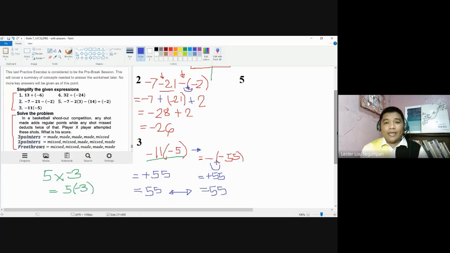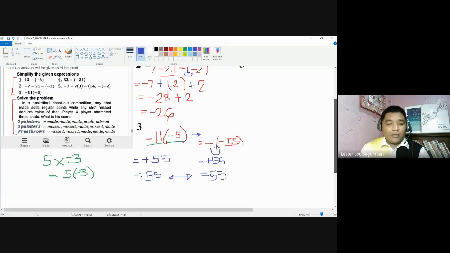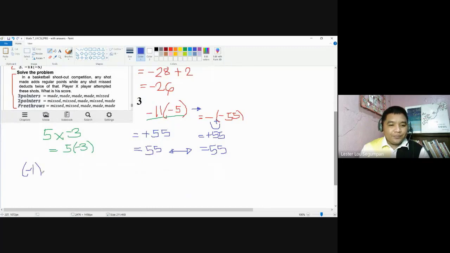Or if we extend it, 4 or 6 or 8, even numbered terms. Because if we talk about three terms, let's say negative 1, negative 1, and negative 1, do not jump to the conclusion that the answer is positive 1 because I am multiplying same signs. Again, the rule is specific for two numbers only.